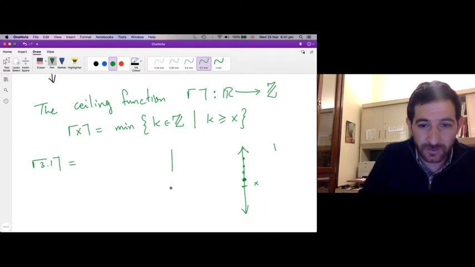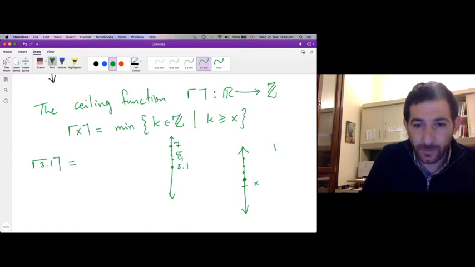Okay, so imagine, put 3.1 on the number line. Look at all integers above 3.1. So we know, say, 7 is above, 5 is above 3.1, 4 is above 3.1. Okay, 3 is below 3.1. So the minimum integer above or greater than or equal to 3.1 is 4.